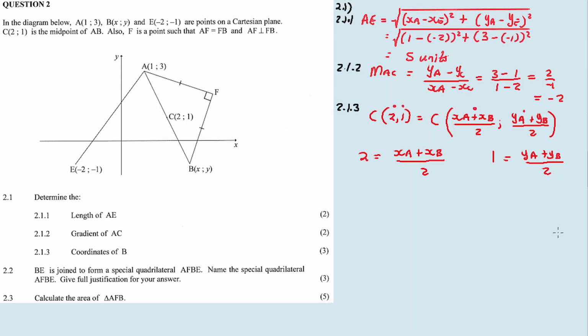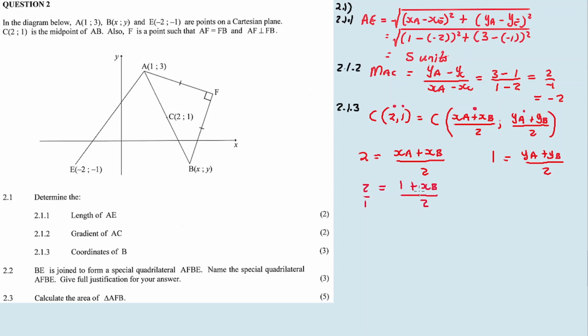Then we solve and simplify. Let's substitute. So 2 is equal to XA, which is 1, plus XB, which we don't have, divided by 2.